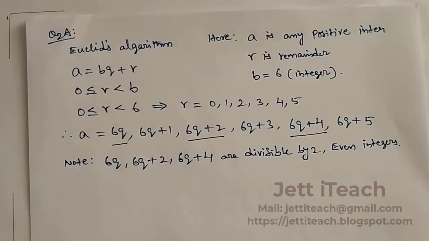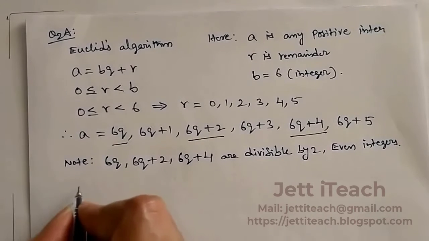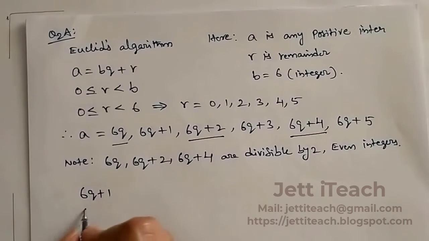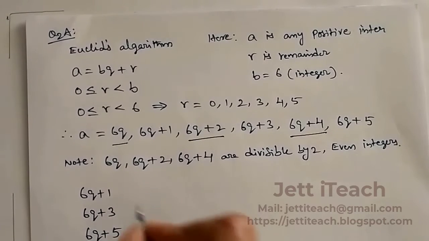So we need to concentrate on odd integers. Okay, so write the odd integers: 6q plus 1, 6q plus 3, 6q plus 5.